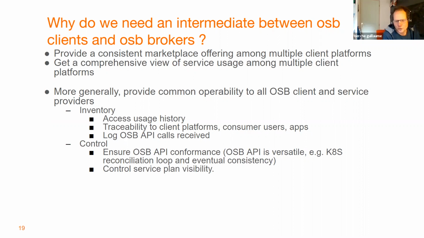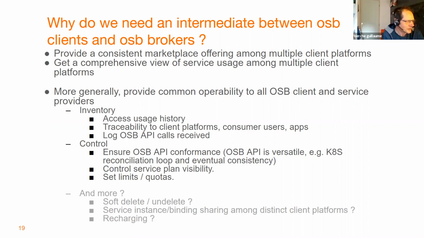Service providers need to control which client is consuming their service plan. So there is the service plan visibility use case, and setting limits and quotas when they run out of capacity, for example. And this is also a good area, we think, to implement future features that are not yet implemented. Things like soft delete and undelete of service instances in a central place.